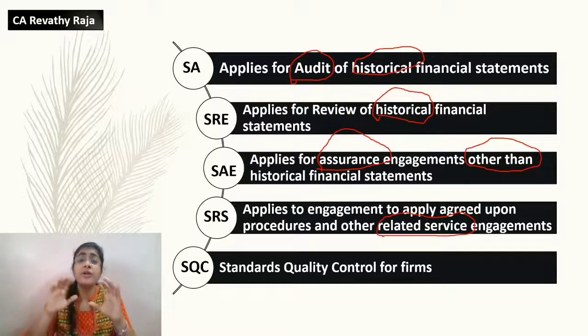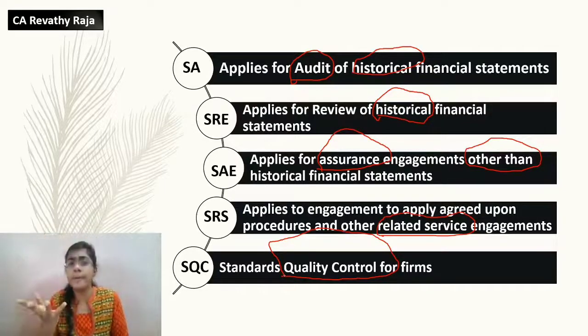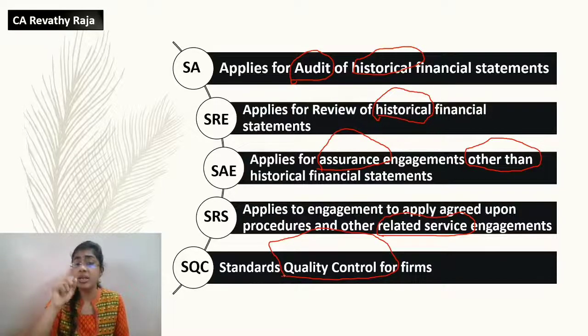Clear? Finally, you have the standard called SQC. QC. It stands for what? Quality control. Now, is it quality control of an engagement or the firm? See, it is quality control for the firms as a whole. It is not an audit. Now students, we studied totally 5 standards: SA, SRE, SAE, SRS, SQC.